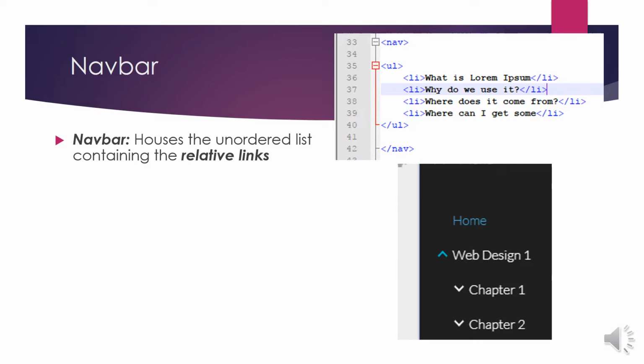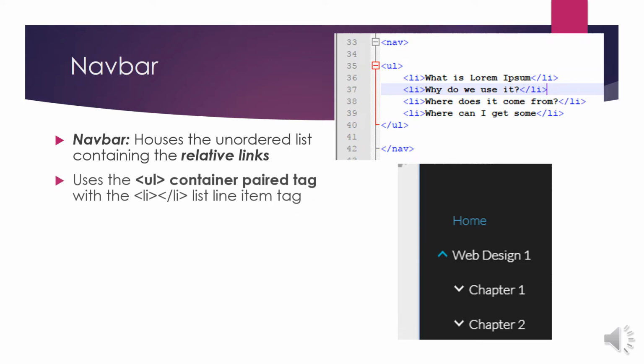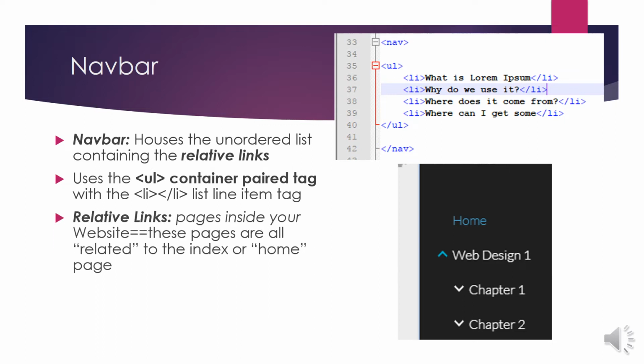They link you from one page to another. When we set up the relative links, we use the unordered list container paired tag with the LI line item tag. Again, relative links are pages inside your website and they all relate to your home page.